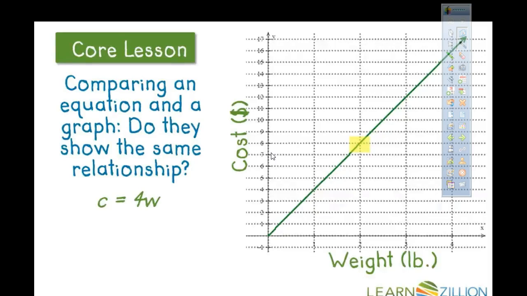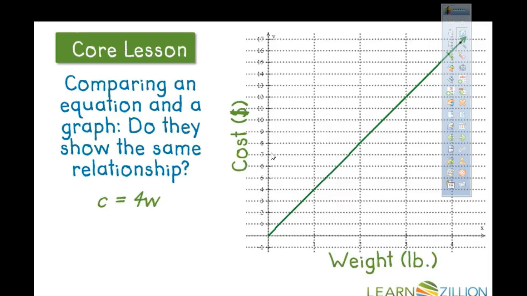For example, here's an ordered pair on the graph, 2, 8. Plug those numbers into the equation. In this case, they do satisfy the equation. You should test a few more ordered pairs from the graph until you're satisfied that the graph and the equation represent the same ordered pairs.